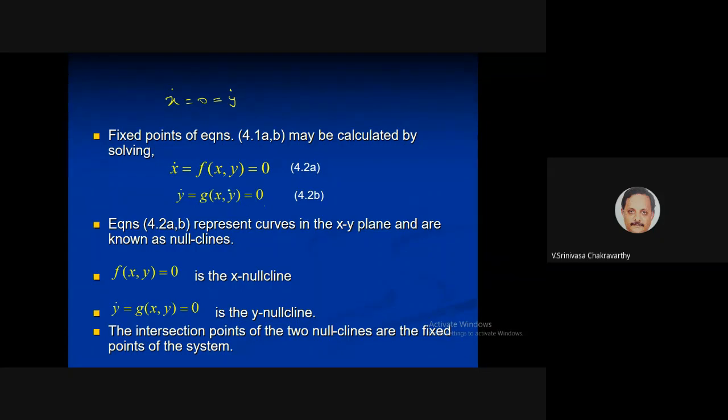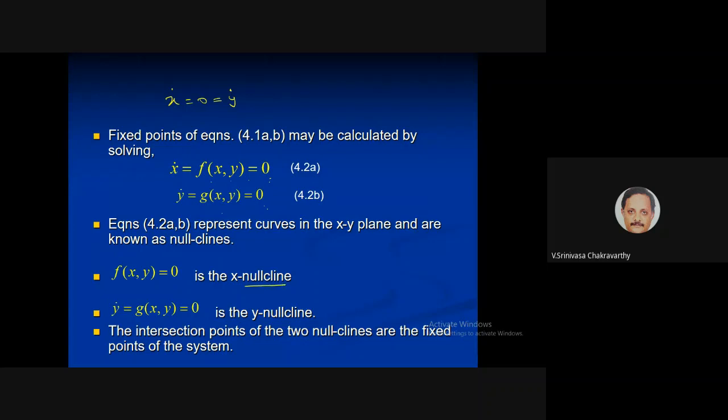So we are looking at the intersection points of these two curves. f of x comma y equal to 0 is a curve. g of x comma y equal to 0 is also a curve. If you look at their intersection points, they are the fixed points because that's where both x dot and y dot are 0. These curves are called null lines.